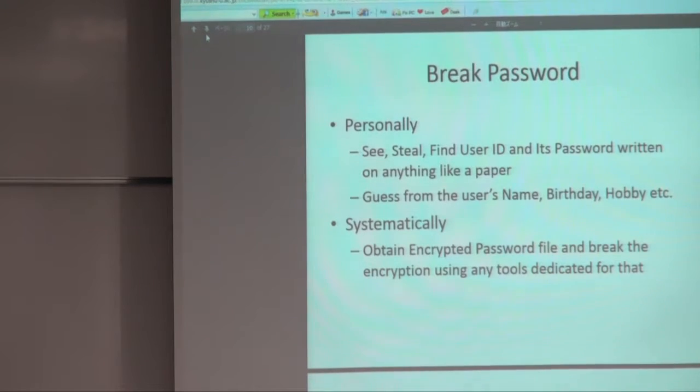So especially if you are the administrator of any server, in this case you have to manage the passwords of the users of such a server. So in this case, of course, you have to carefully manage the password file. Okay.